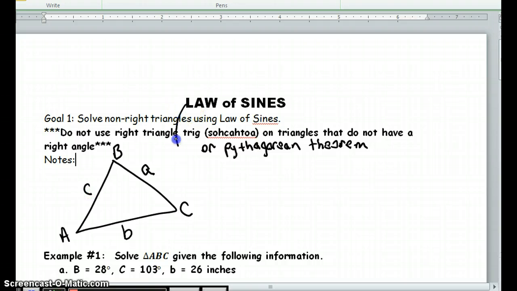Now, right next to this arrow, I'm going to write the law of sines. When we write the law of sines, it's a formula. It's just a series of proportions, or fractions equal to fractions.